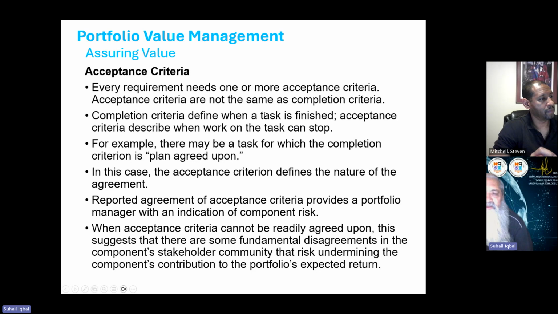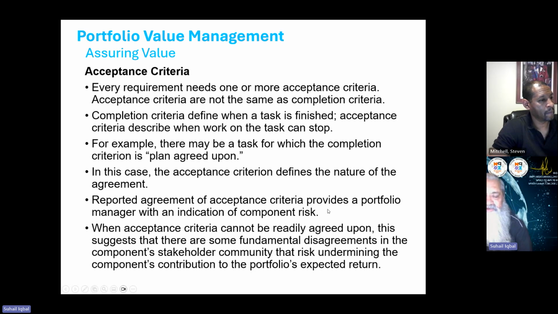Completion criteria define when a task is finished. Acceptance criteria describe when the work on the task can stop. For example, there may be a task for which the completion criteria is plan agreed upon. When all the plan is completed, the task will be completed. But in case of the acceptance criteria, this defines the nature of the agreement.